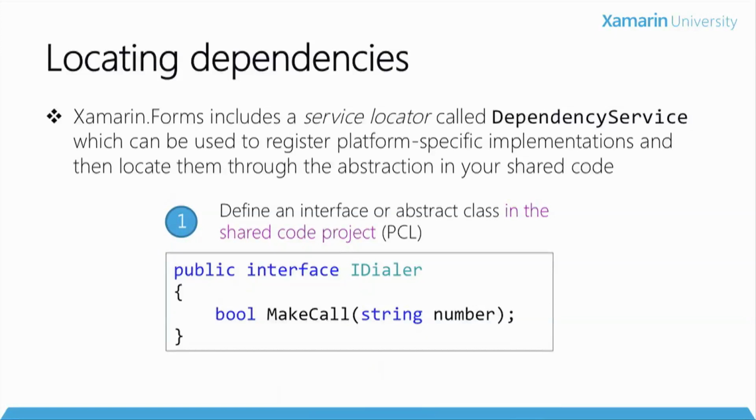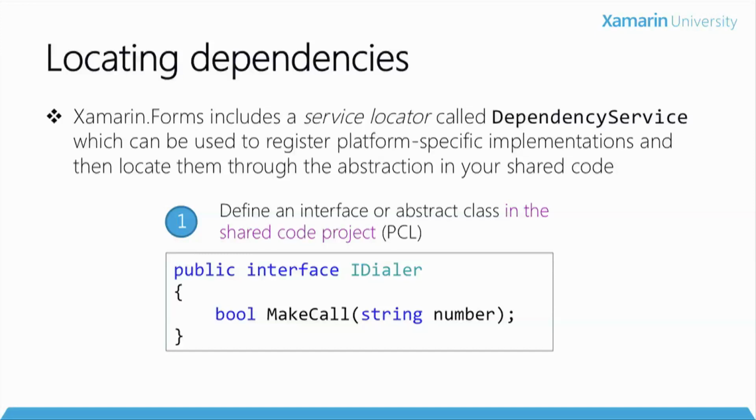This is a multi-step process that we're going to do here. The first step is to define our abstraction as already discussed. We have our IDialer interface in that case. Again, this must be in the shared code. Why? Because all parties require that interface. The shared code will be implemented against this interface.